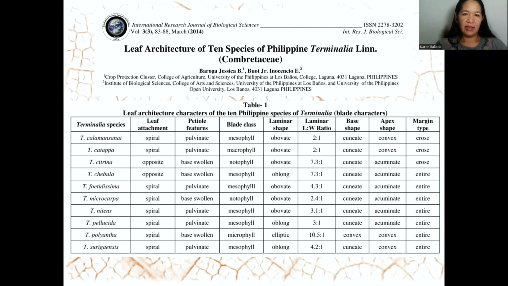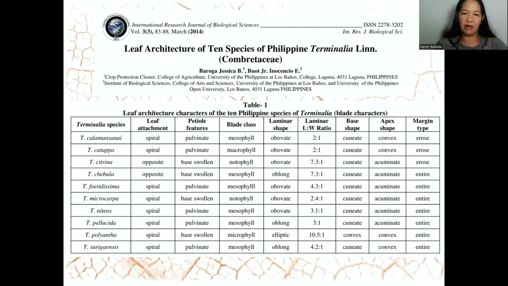So this particular paper by Baroga and Buot discusses the question whether leaf architecture features are useful for differentiating some species of the genus Terminalia, and they made use of 10 different species of Terminalia. The results of their leaf architecture analysis in terms of the blade characters are presented here.